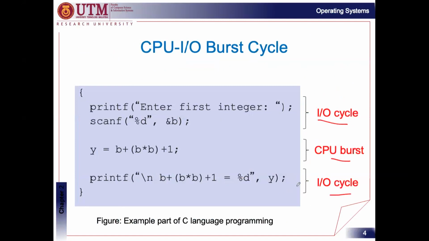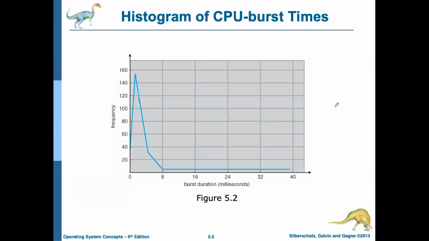Okay, this is the histogram. Figure 0.2 representing the histogram of CPU burst time, right?